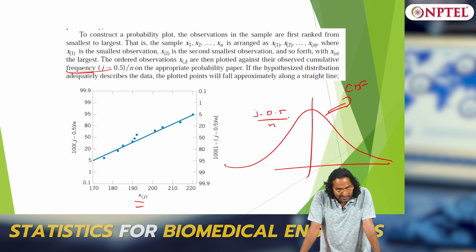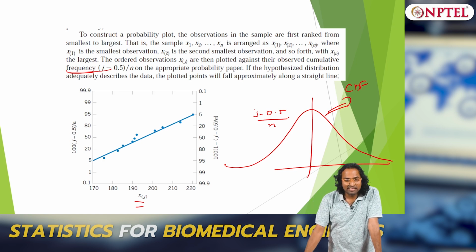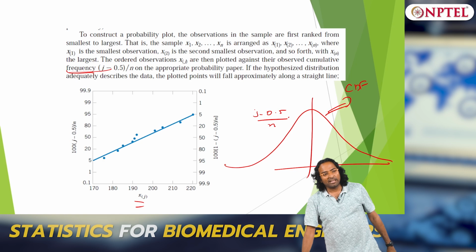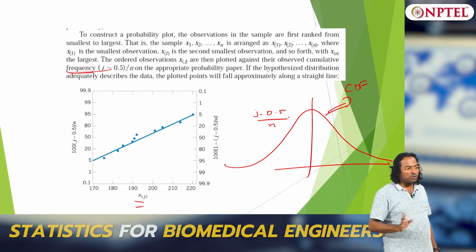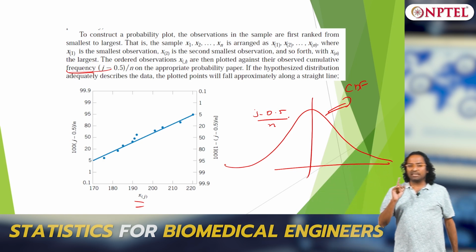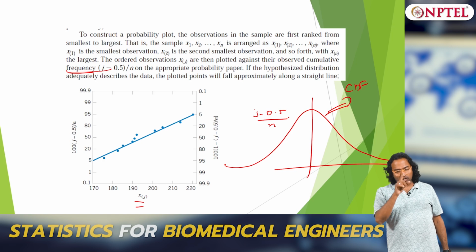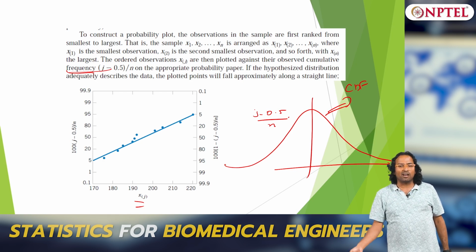It increases slowly at first, then rapidly, and then somewhere it saturates, because this is the accumulation of the PDF. The idea behind this plot is very simple: if your underlying data is normal, it should have the same CDF as that of a normal distribution.